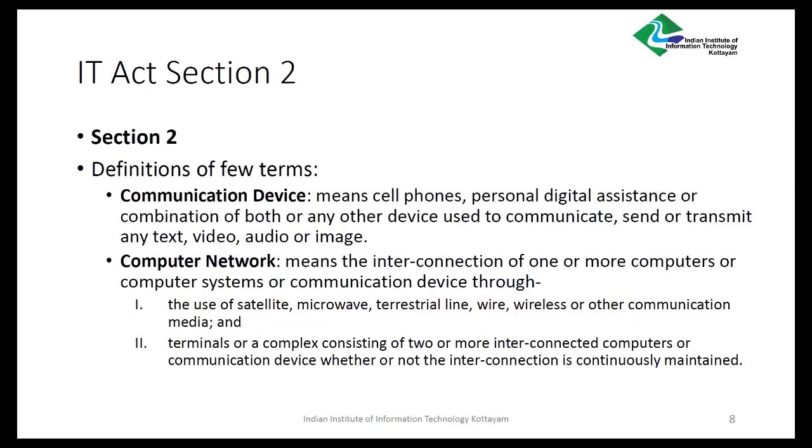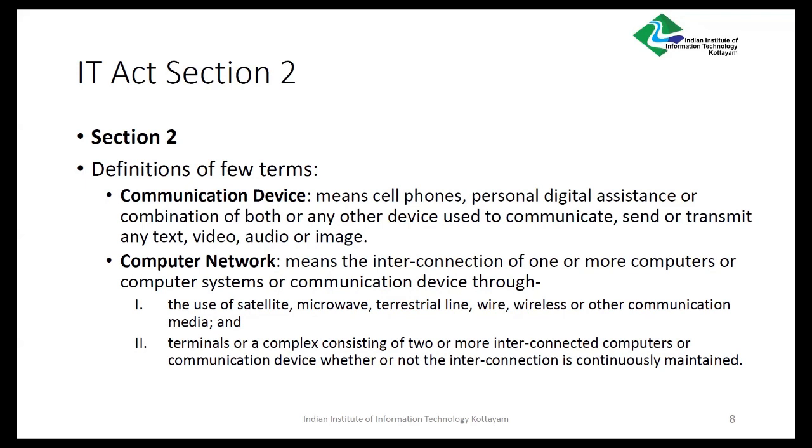Next. Section 2 further goes on to define what a communication device is, and what a computer network is. The definition of a computer network is also very interesting. It means interconnection of one or more computers or computer systems or communication devices through the use of satellites, microwave, terrestrial line, wireless, or other communication media.